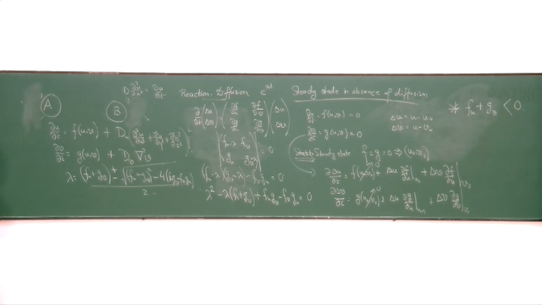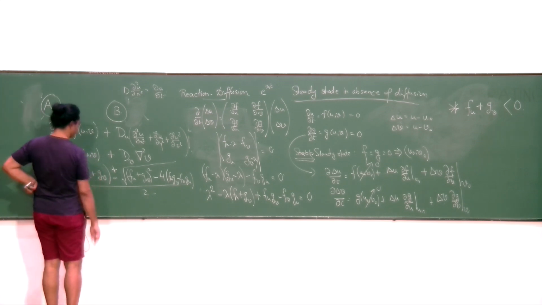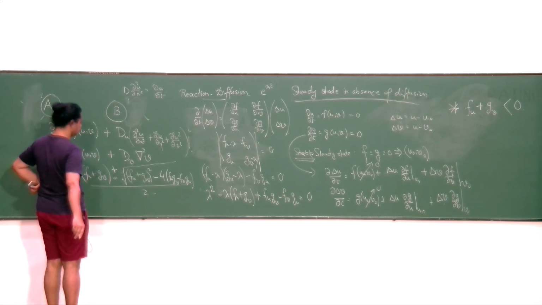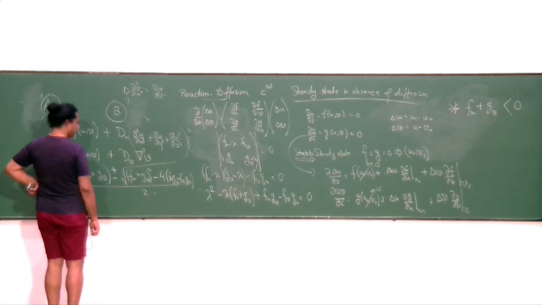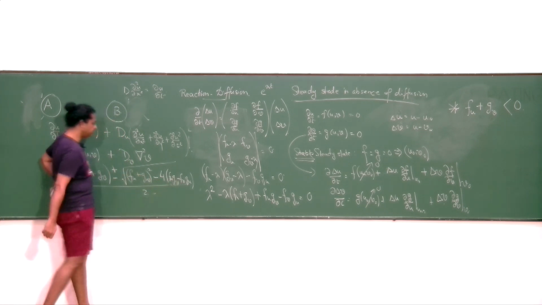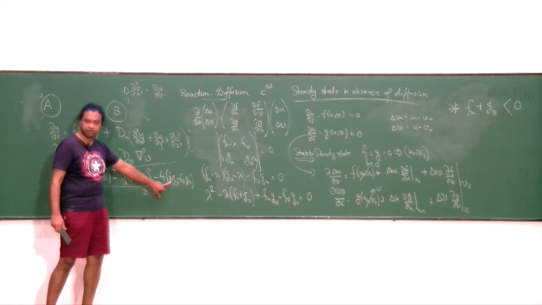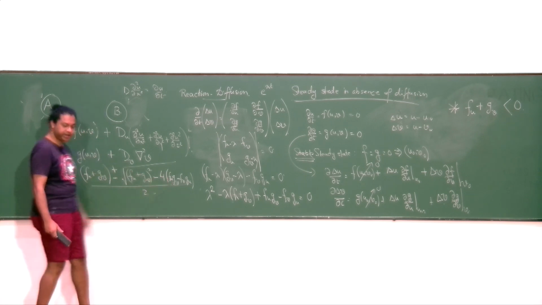Now that in itself is not sufficient. What is the other condition that we should have? So if this is negative, so that much we have said, that Fu plus Gv is negative. But now if this thing, the determinant, Fu Gv minus Fv Gu, if this was also negative, right, then negative would make a positive, right?